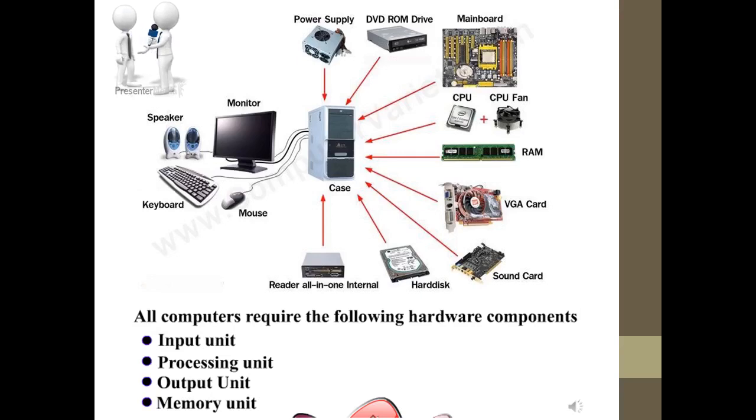Now all computers require the following hardware components. What are they? First, the input unit, second, the processing unit, third, the output unit, and fourth, the memory unit. These 4 units are generally required by all computers.